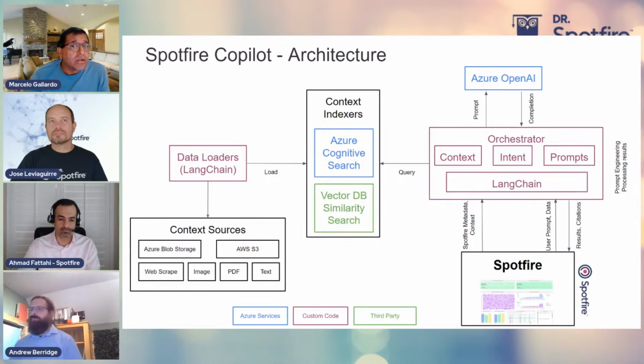So the data loaders play a crucial role in this process, seamlessly integrating new data from various sources into the system. The sources include AWS S3, Azure blobs, PDFs, text files, and many more sources and formats. So this ensures the RAG architecture is always equipped with the latest information.